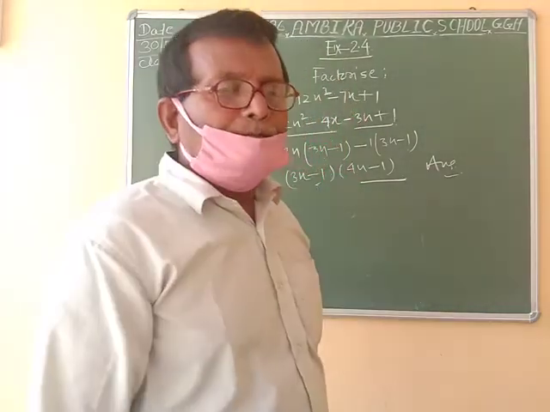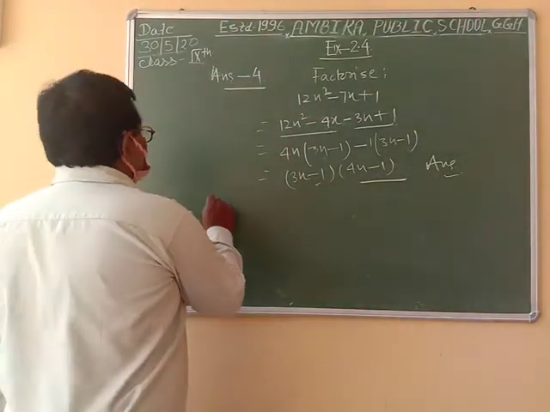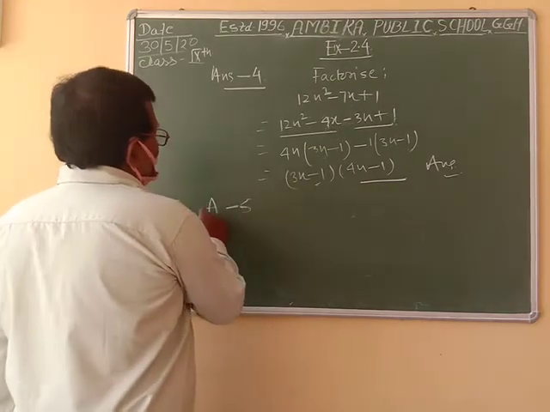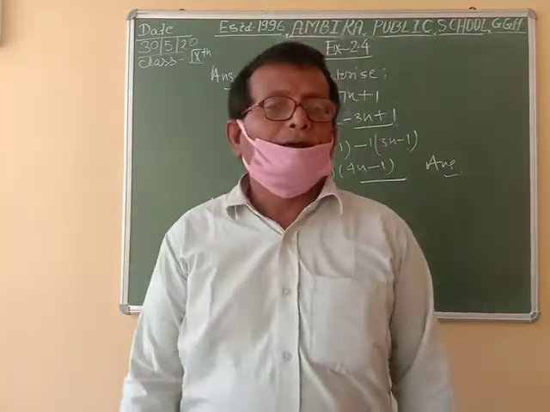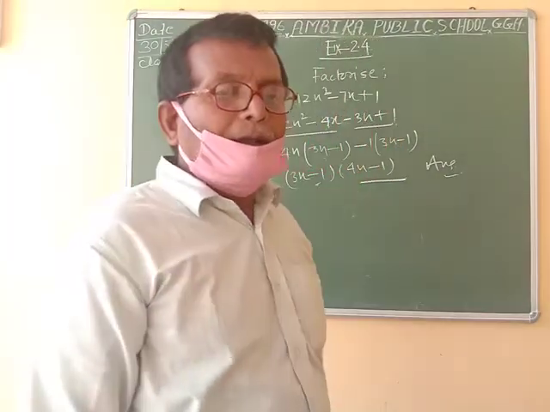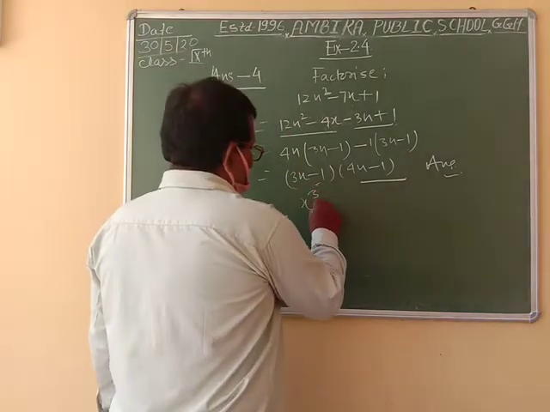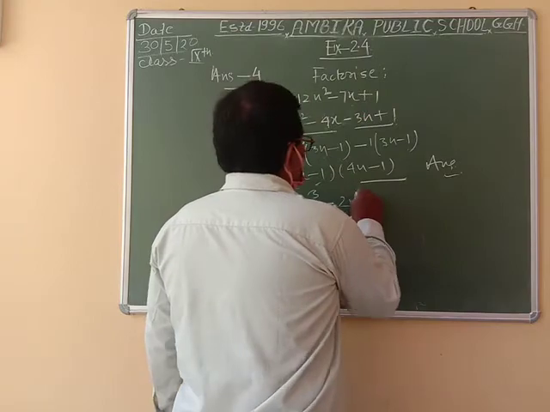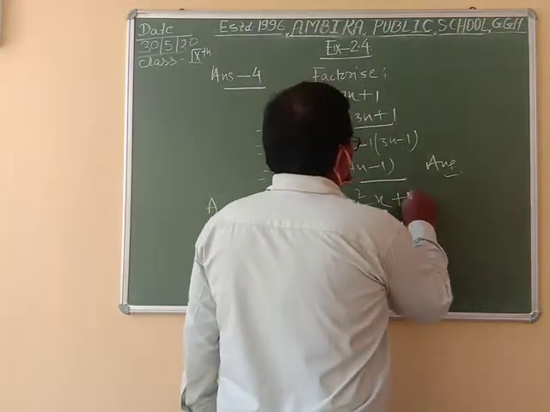One more problem, answer 5. I am solving one question of question number 5. Factorize x cube minus 2x squared minus x plus 2. We have to factorize.